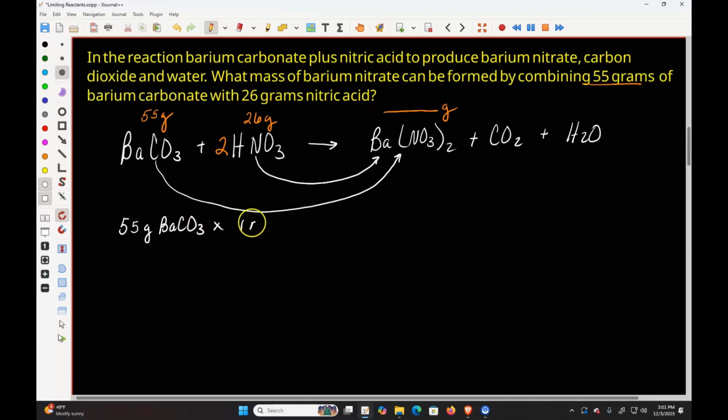Convert it into moles. Okay, barium is 137.3. Carbon is 12. 3 oxygens is 48. So that gives me 197.3 grams.